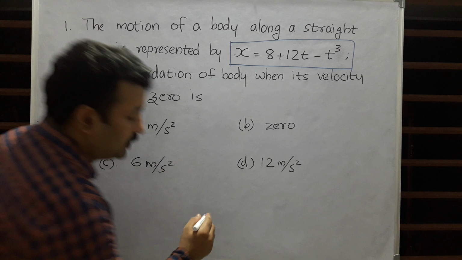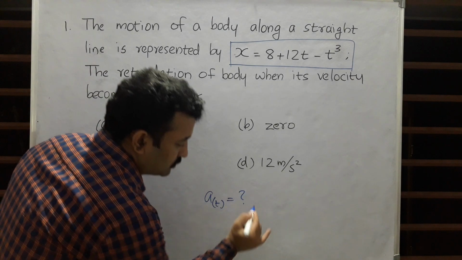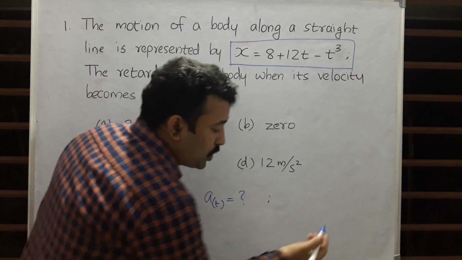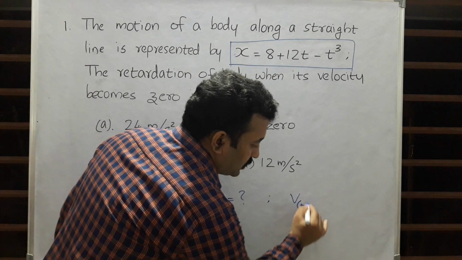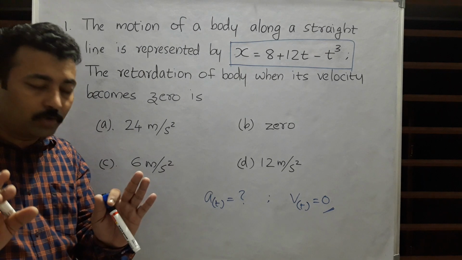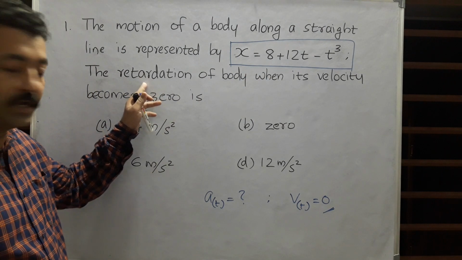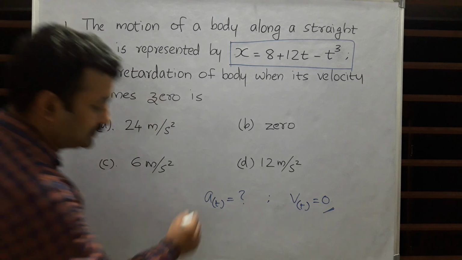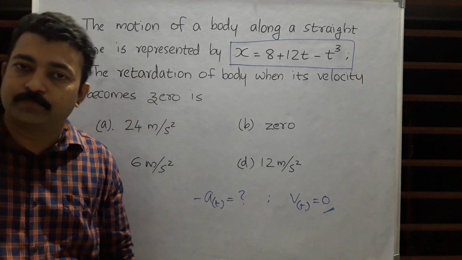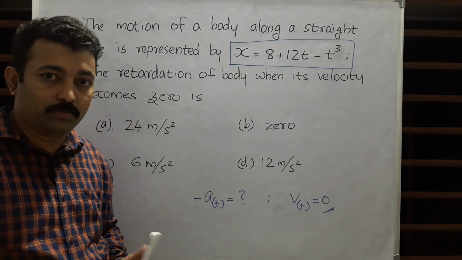I have to find the acceleration or retardation, whatever it is, when the velocity is 0. So my striking point is that the velocity becomes 0. At that time, what is the retardation, or minus a? I have to find minus a. Now let's start solving the problem.